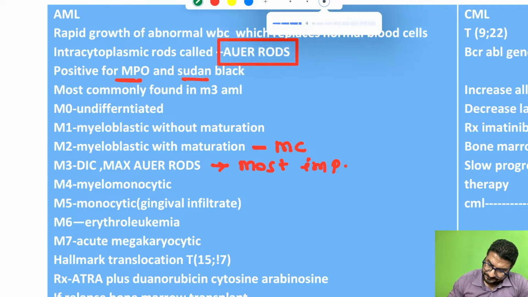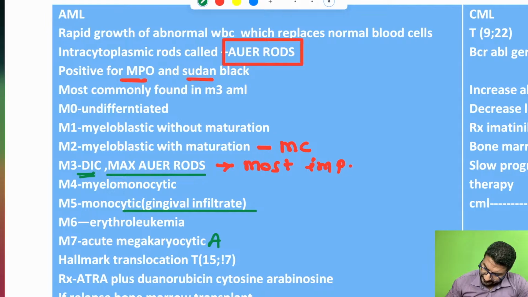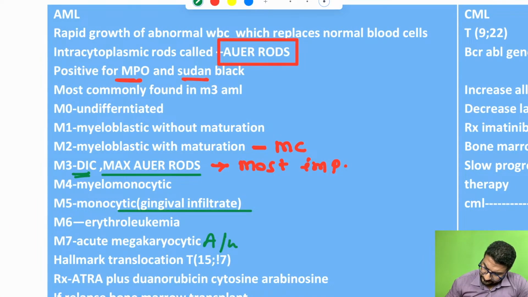M3 will have maximum Auer rods. M3 will have DIC. Then understand M5 will have gingival hyperplasia or gingival infiltrate, and M7 is associated with Down syndrome.